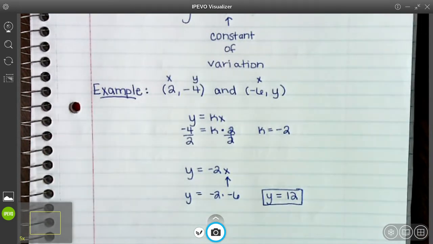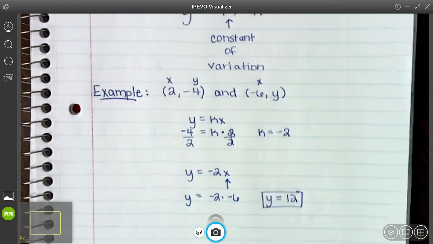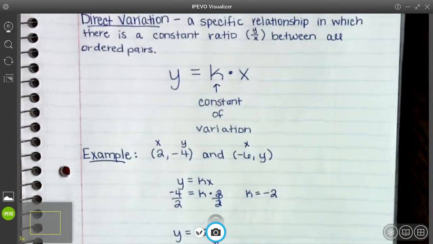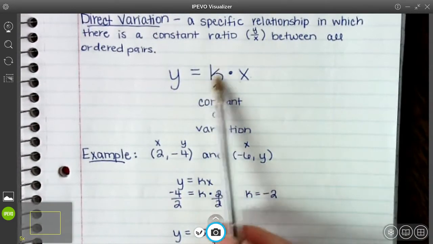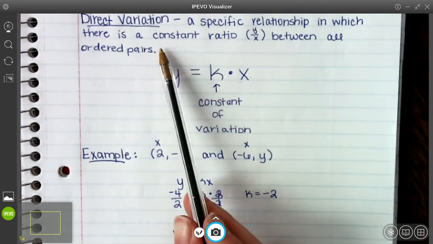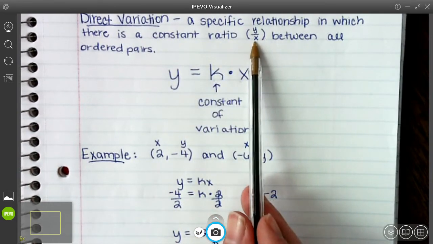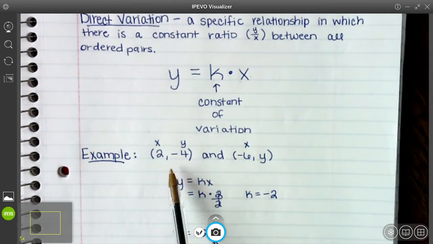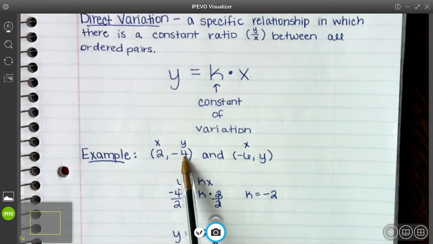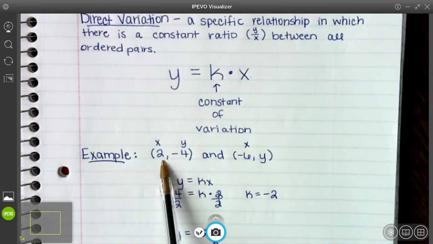But if we're told that this is a direct variation problem, then we already know that they have a constant ratio of y divided by x. So look at this for a second. What's -4 divided by 2 on that first point?